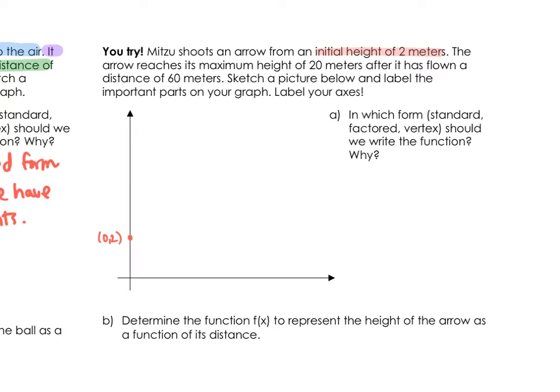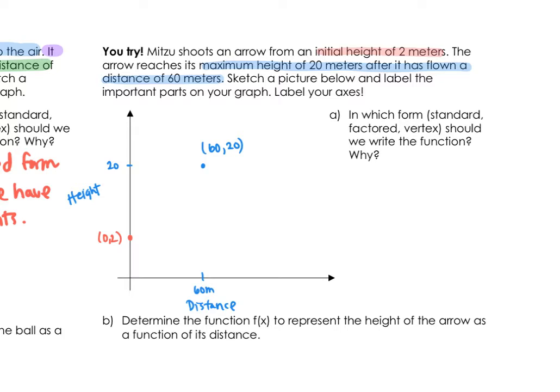We also know the maximum height and when it occurs. It says it has a maximum height of 20 meters after it has flown a distance of 60 meters. So this is distance and this is height. So the coordinates of this point is going to be 60, 20.